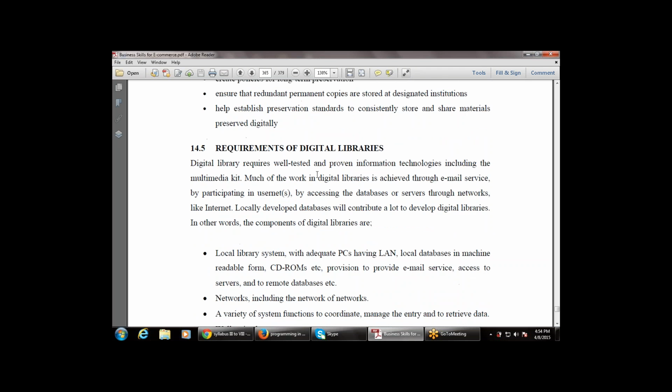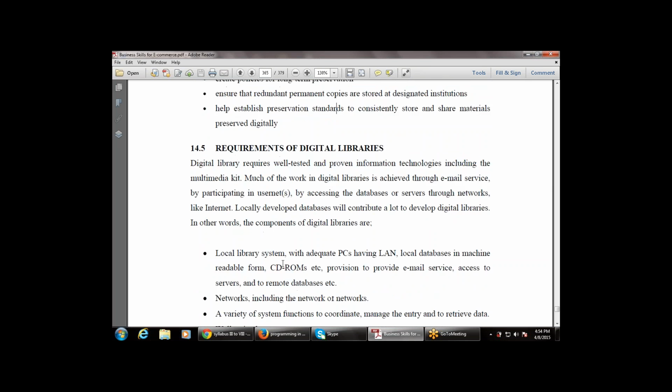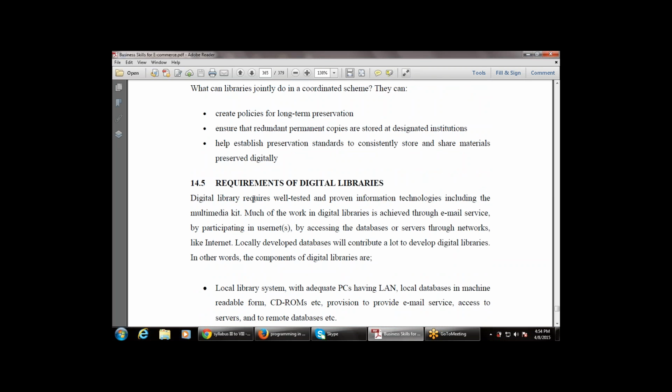Now next is, what are the requirements of digital libraries? That is, what do we require in a digital library? A digital library requires well-tested and proven information technologies, including the multimedia kit. If I ask you what the requirement of a digital library is, your answer is any technology related to the computer, all the technology of the digital era.